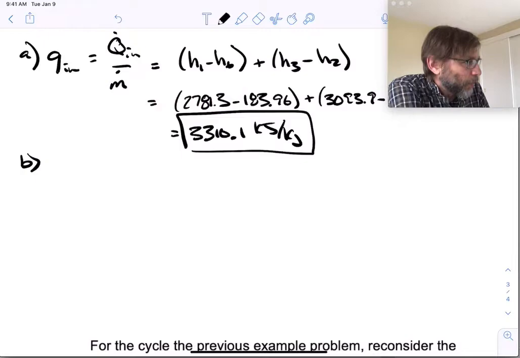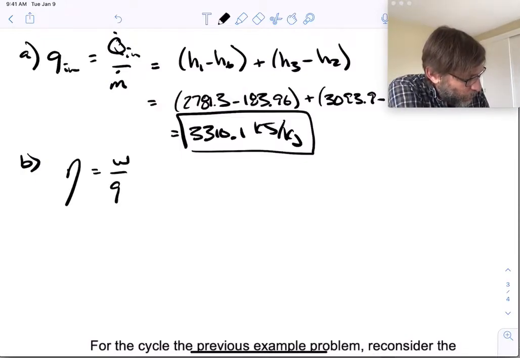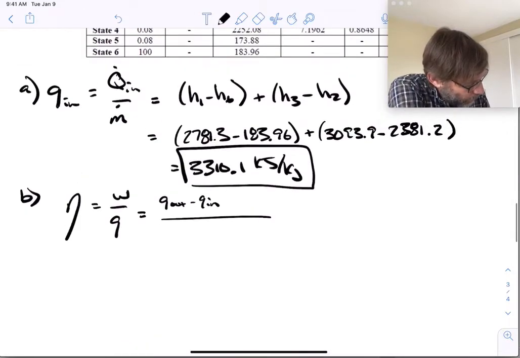Part B is finding the thermal efficiency. So this is equal to little w over Q in. And little w is, well, we can say little w is Q in minus Q out. And Q out is the Q in the condenser.